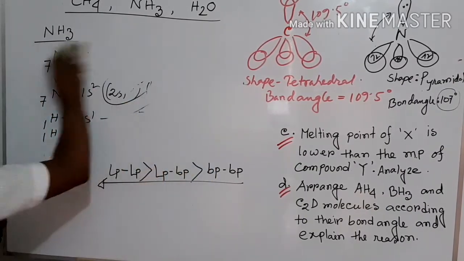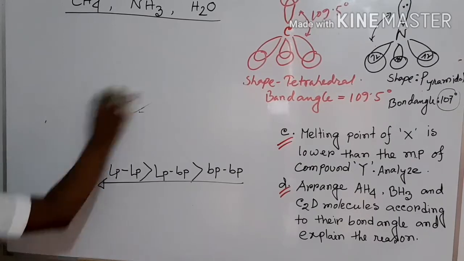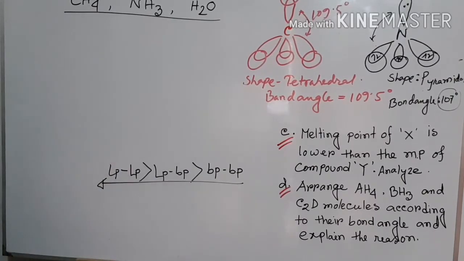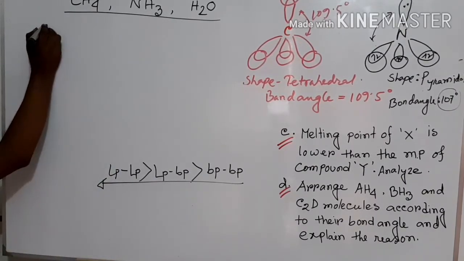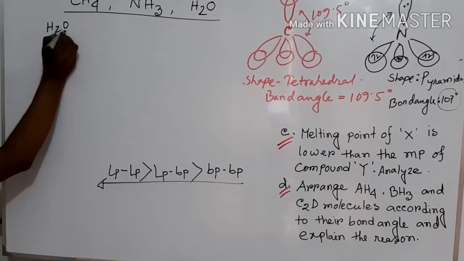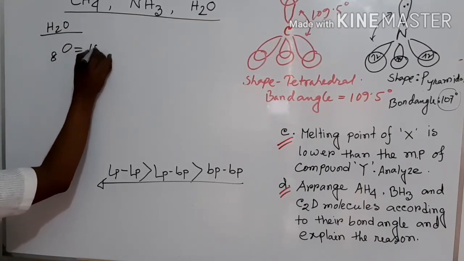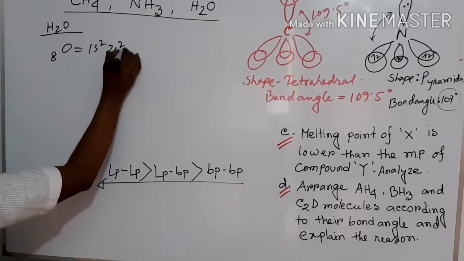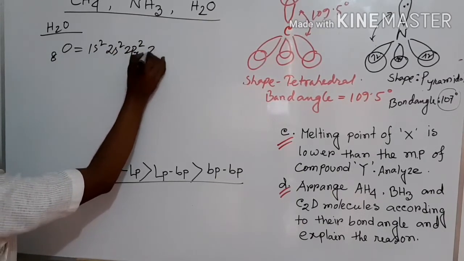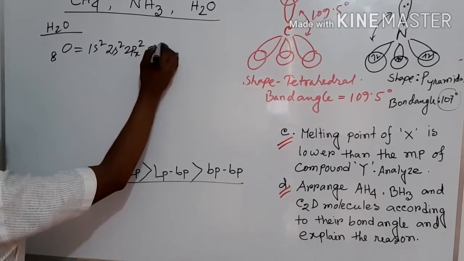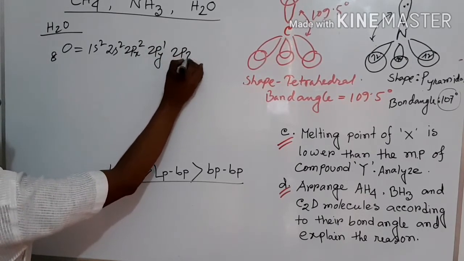And now the shape and bond angle of the water molecule. Oxygen, atomic number 8: 1s2, 2s2, 2px2, 2py1, 2pz1.